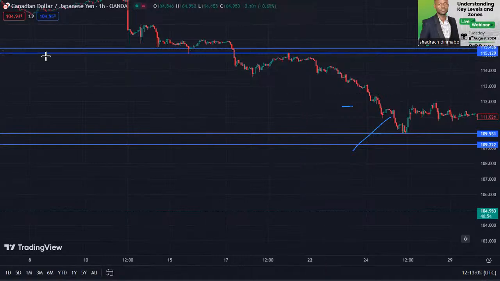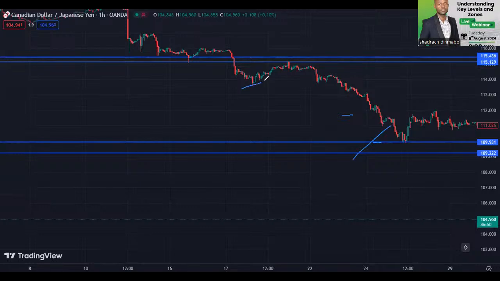So we just capture our trend line confluence. And then it breaks, we put our stop loss above, and then we push. That's all. You see that? So that's just a simple technique we use in this particular case scenario.